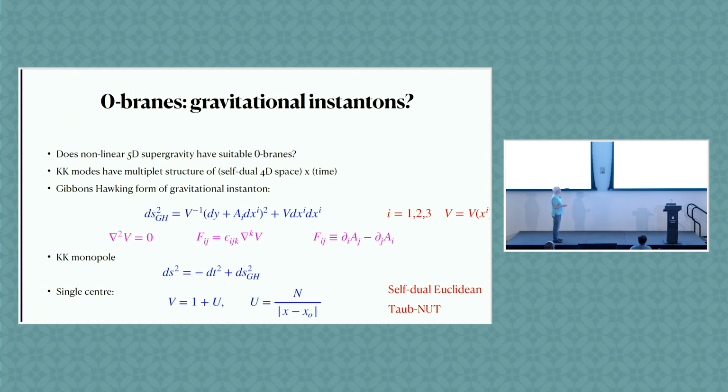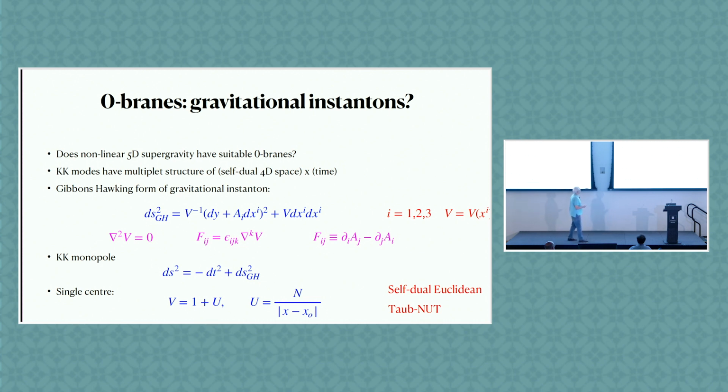And this vector field A could be thought of as the 3-dimensional dual of the scalar, related in this way, and F is the curl of this A. And the Kaluza-Klein monopole is this times time, and this is the famous Kaluza-Klein monopole solution.